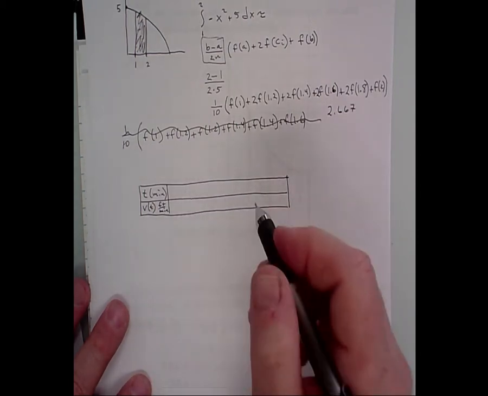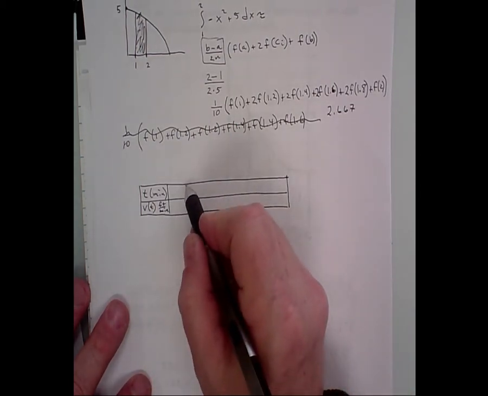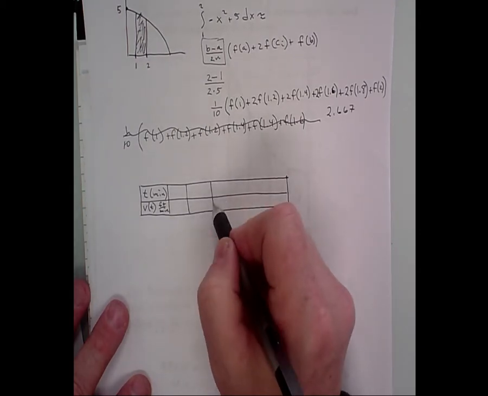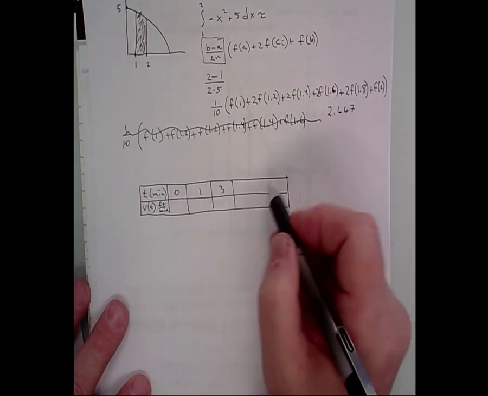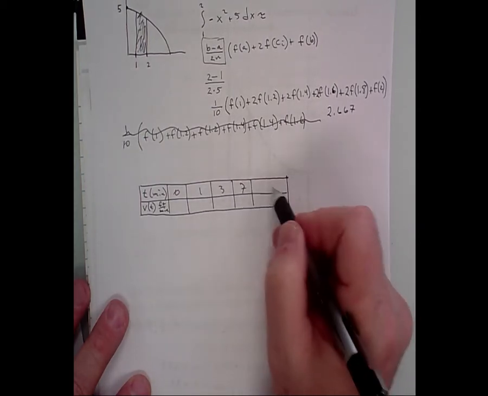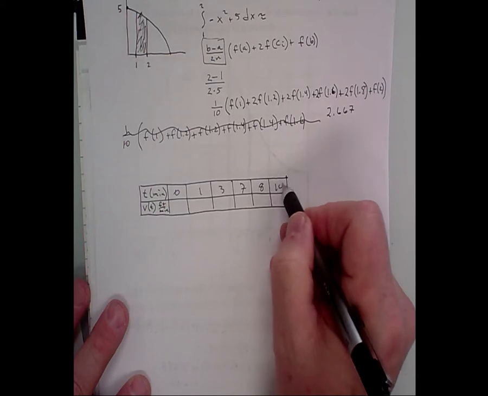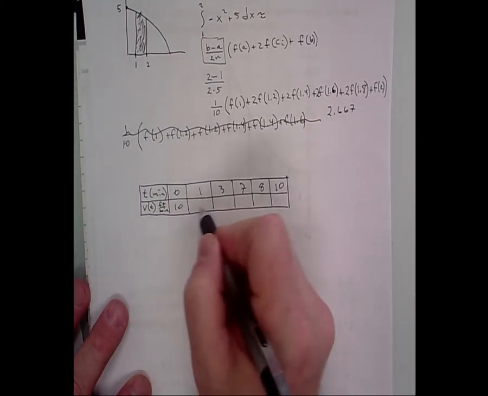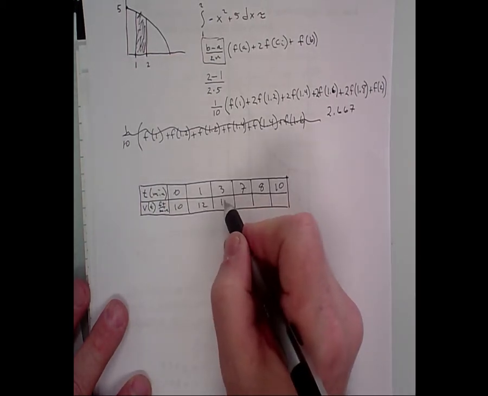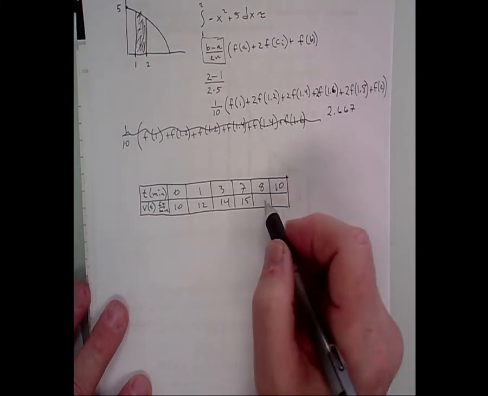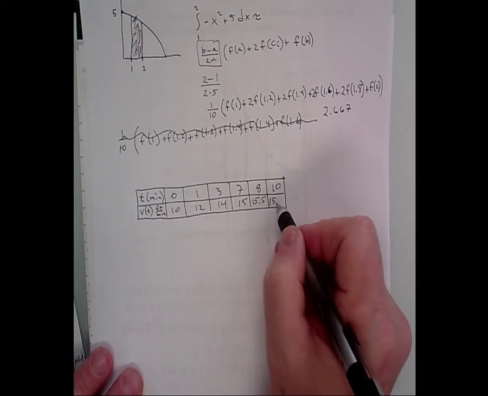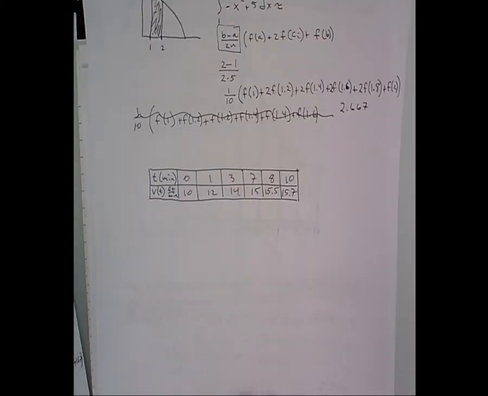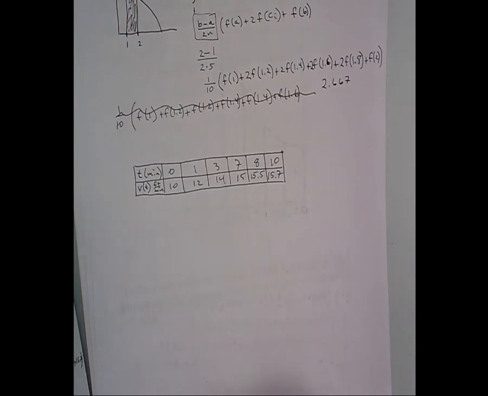And then they will do this. 1, 2, 3, 0, 1, 3, 7, 8, 10, 10, 12, 14, 15, 15.5, 15.7. And this is a non-calculator question almost every single time.